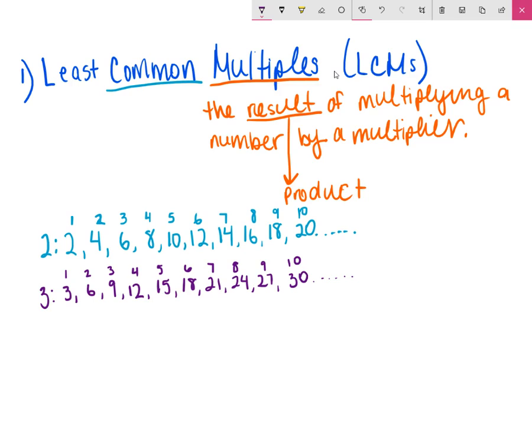And we can go on forever also. So great. We found our multiples of 3 by multiplying 3 by increasing numbers starting with 1.